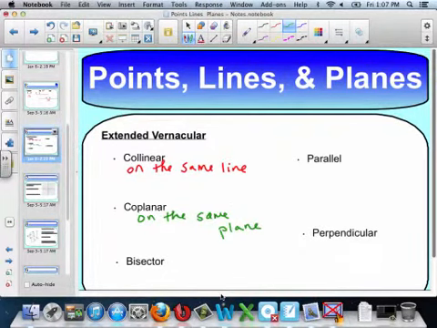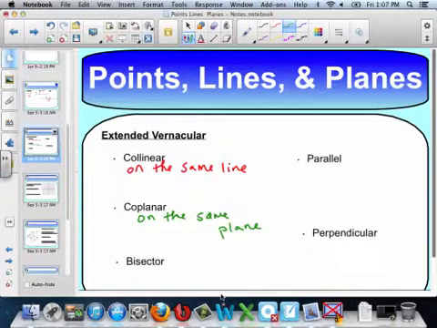What does a bisector do? Bi means what? Sect means to take apart. So what does a bisector do? Bi means two, and sect means to take apart. So we're breaking it into two parts, but two equal parts.